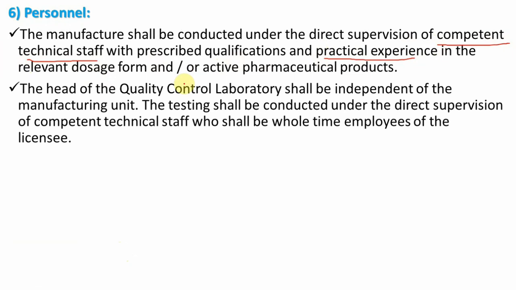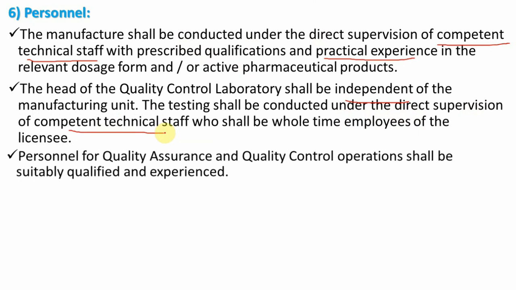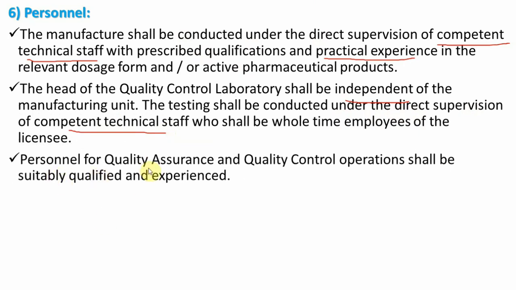The head of the QC laboratory shall be independent of the manufacturing unit. The testing shall be conducted under the direct supervision of competent technical staff, who shall be full-time employees of the licensee. Personnel for quality assurance and quality control operations shall be suitably qualified and experienced.